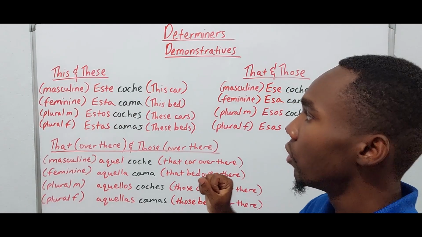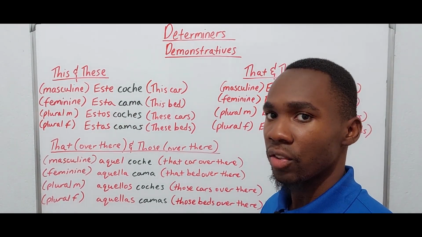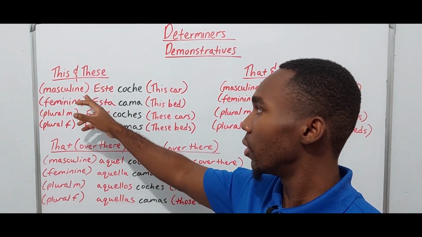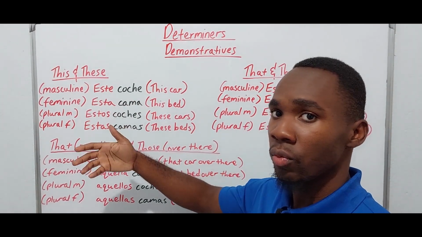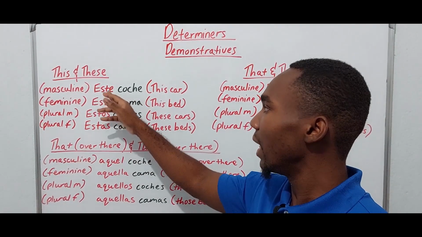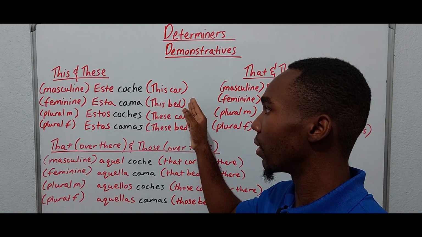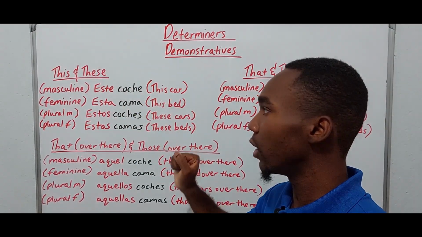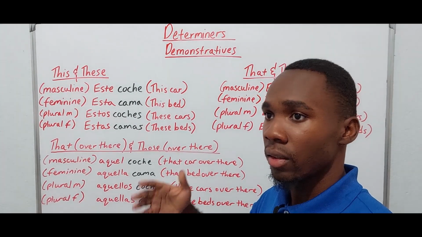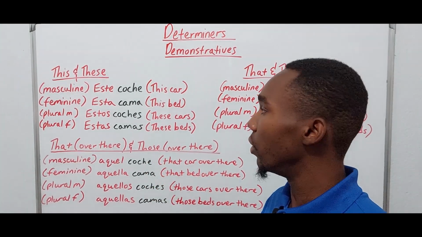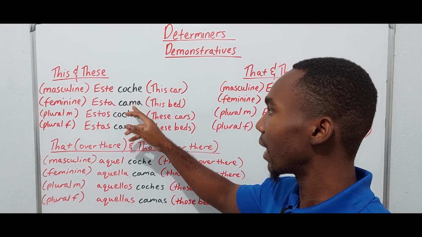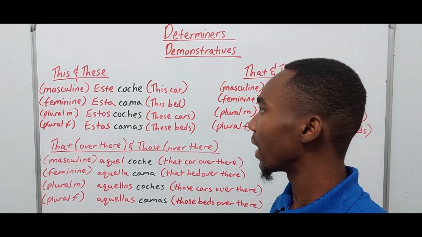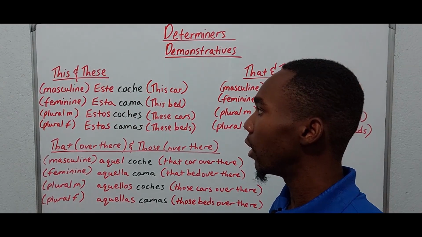So how do you say this in Spanish? If you're talking about a masculine noun, we use este. Este coche, this car, because of course car is masculine. If you want to say this and the noun is feminine, we say esta cama, this bed.